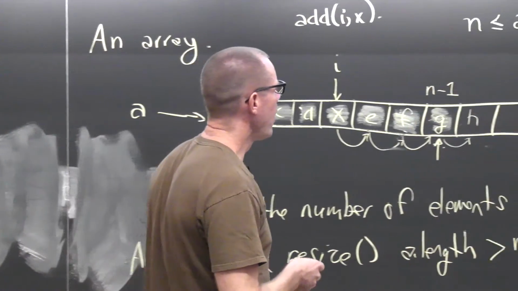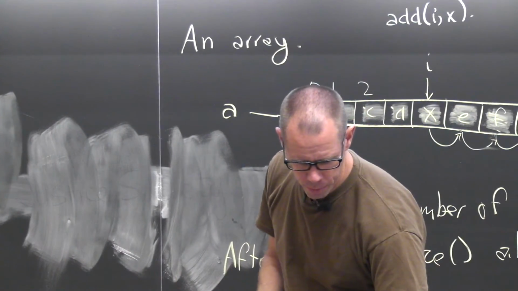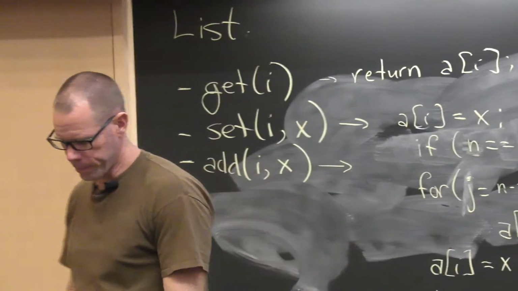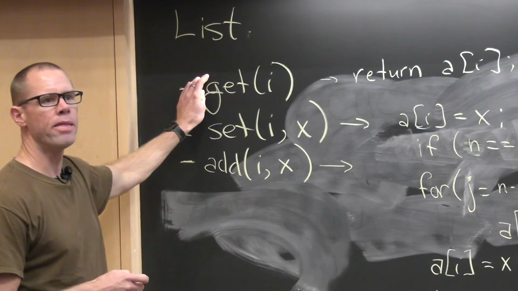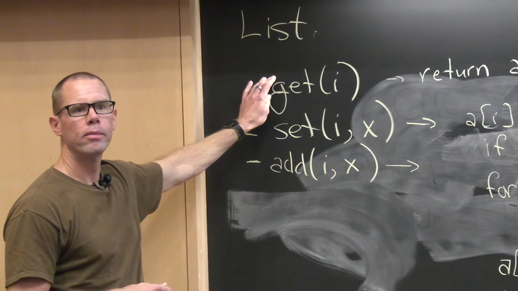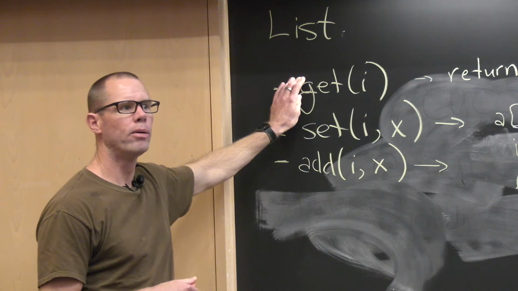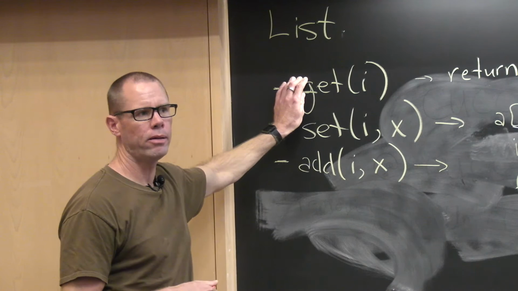Good. Let's think a little bit about these operations and how long they take. So how long does it take us, for example, to get the ith element? That was one line of code. So how is it a function of n?